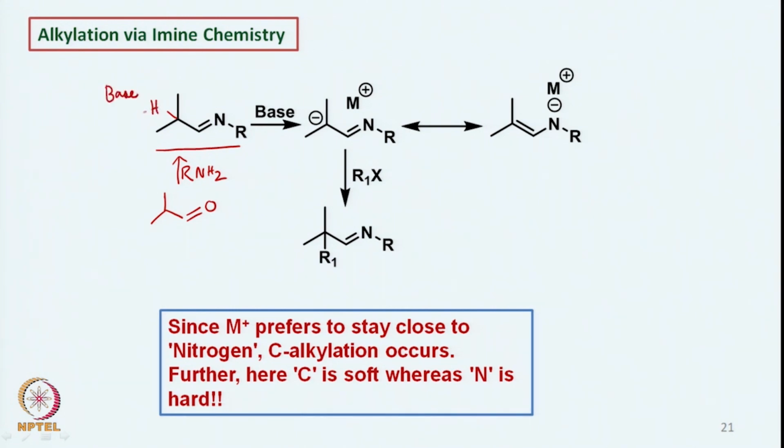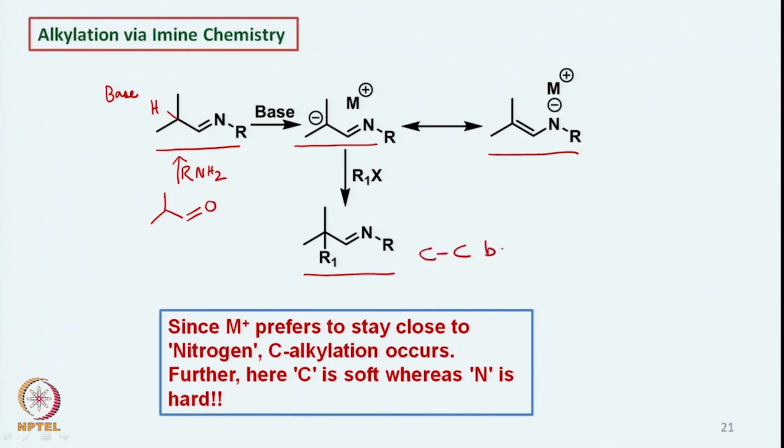So we have removal of this proton, leading to a negative charge which is stabilized alpha to the imine group, and this can exist in this form or in this form. And then when the reaction occurs at the carbon, we have a CC bond formation here.